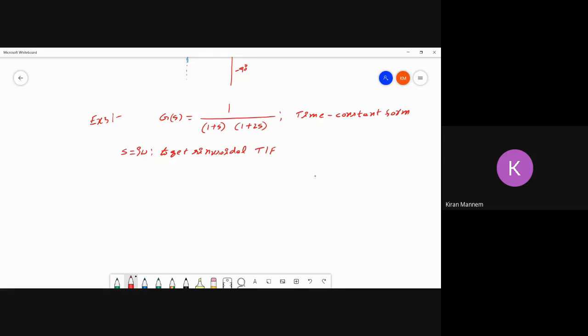So your function would be G(j omega) = 1/((1 + j omega)(1 + j2 omega)). Right. So here we have the numerical values, right?